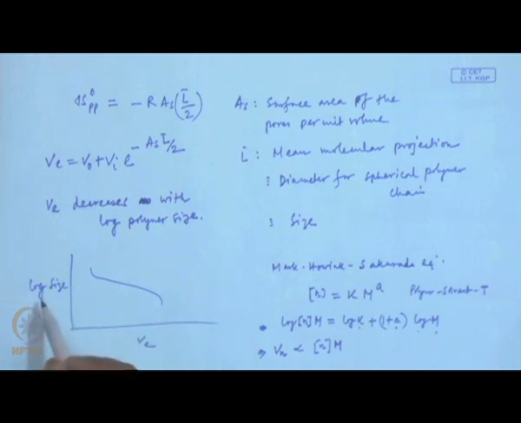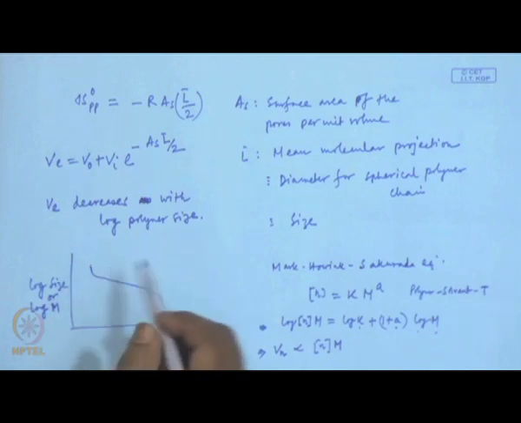So, we expect that instead of log size, if we plot log of molecular weight, we can get a linear relationship with V_E, where as log M goes up, V_E decreases.